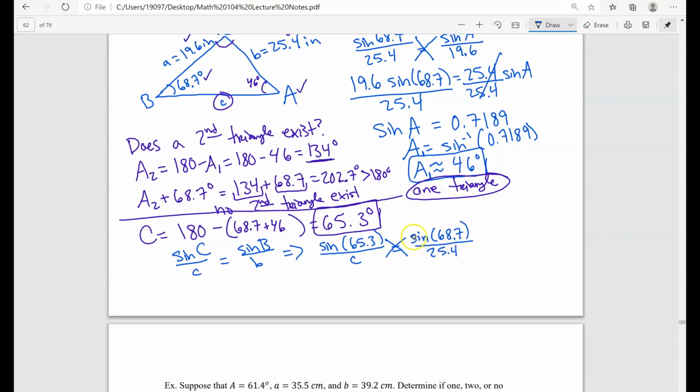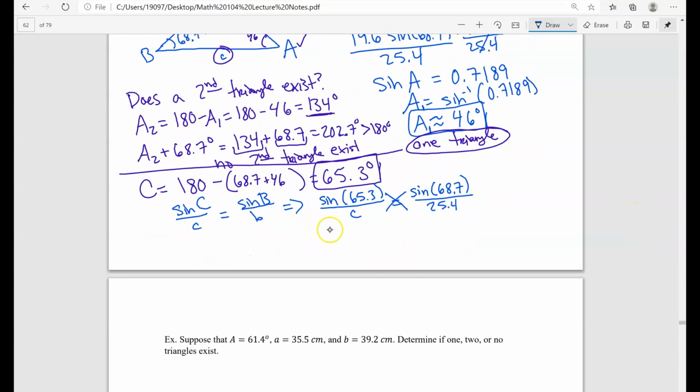Okay, so let me cross multiply. So you're going to get that c sine of 68.7 is equal to 25.4 sine of 65.3. And let's just divide by sine of 68.7.